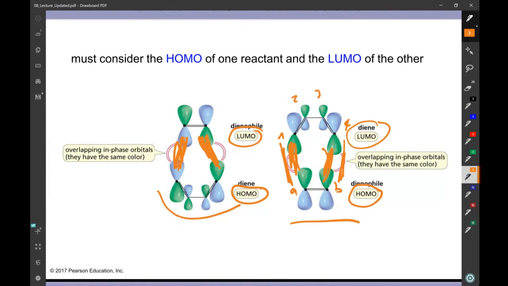No, for all Diels-Alder reactions, it's always the case. In terms of molecular orbitals, the interaction between the LUMO and HOMO is always responsible for the 1A and the 4B bonds. Yes, always.